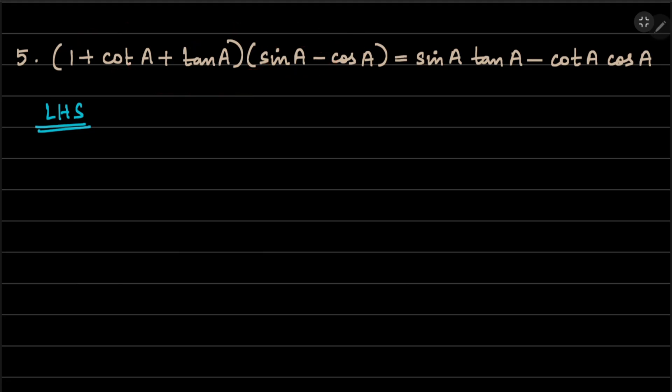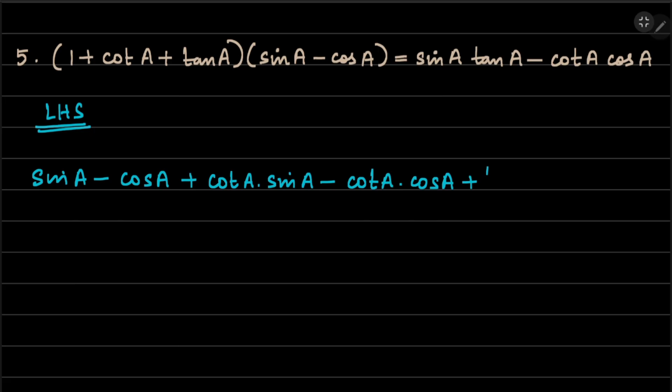Just open the brackets and multiply all of these terms. So what do you get? You get sin A minus cos A plus cot A into sin A, minus cot A into cos A, plus tan A into sin A, and then minus tan A into cos A, right?